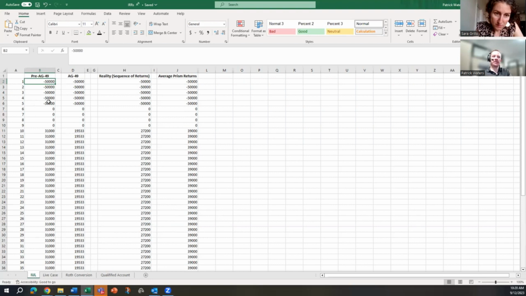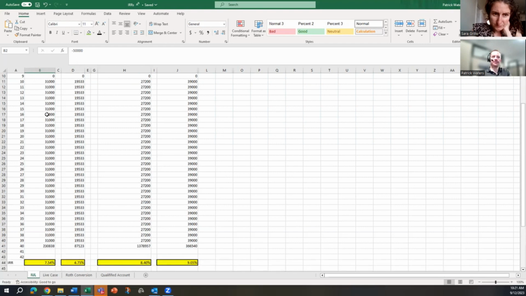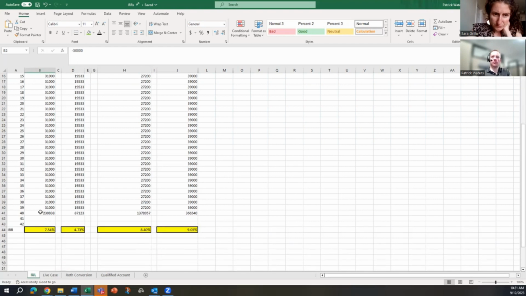So the first thing that I looked at in column B here is I took a 57-year-old female and I put $50,000 in for 5 years. Because we're going off percentages, the absolute values don't really mean much. We wait 4 years, and then we start taking out level distributions.